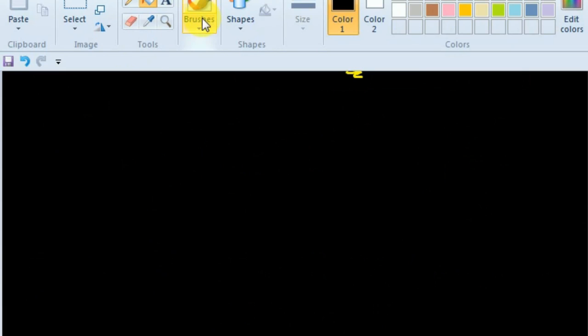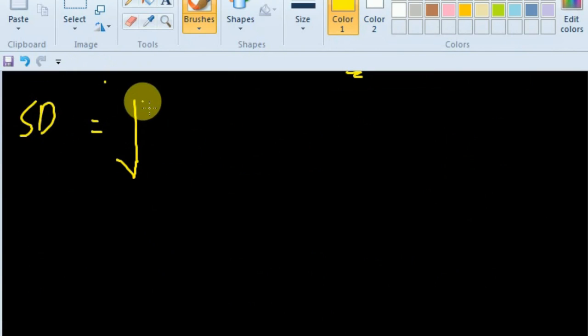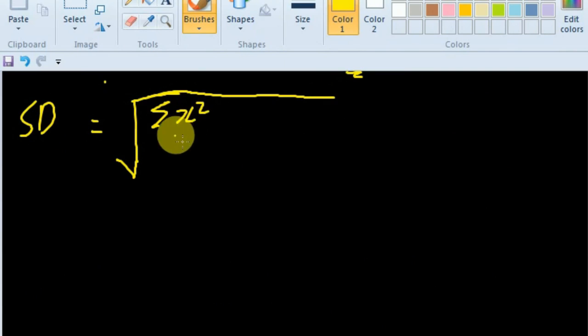So the other formula, which is SD, is equal to the square root of the summation of x squared divided by n, minus the mean squared.